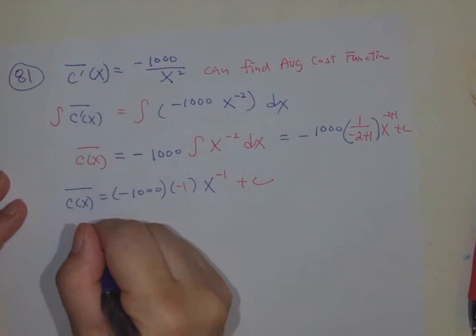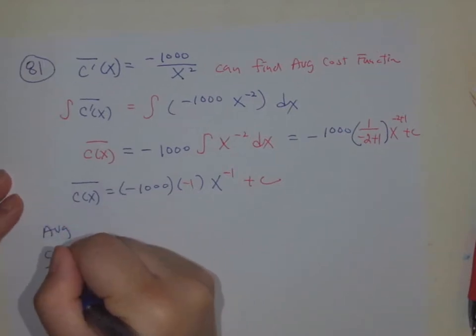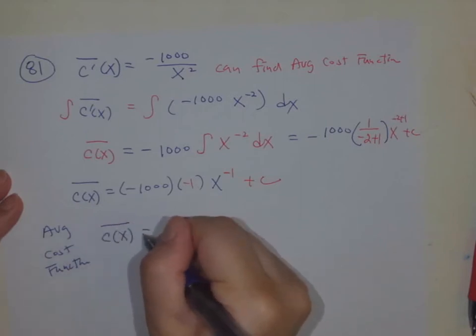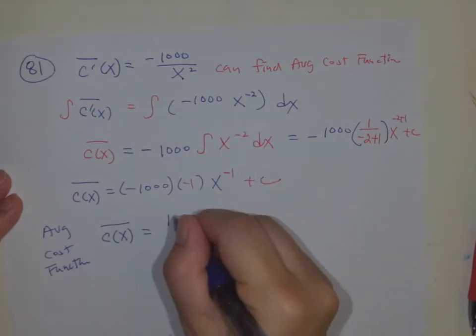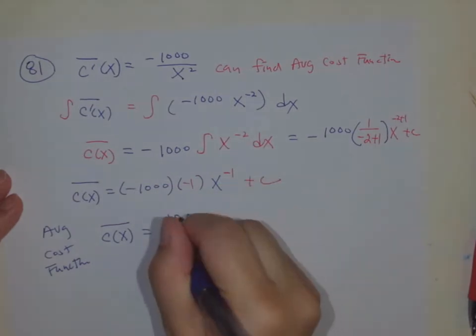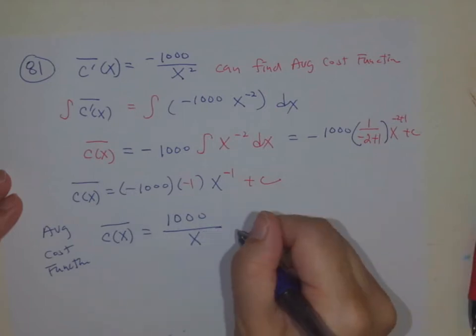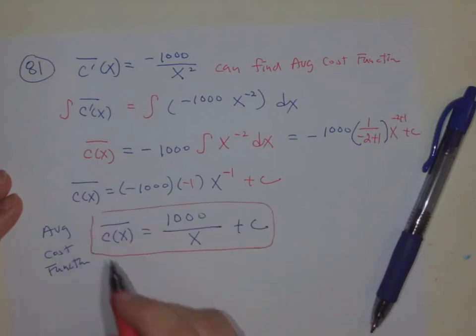So I can conclude that my average cost function is bar C of x equal to, negative times negative will become positive 1000 times x raised to negative 1, which goes to the bottom, and then add a c, right? So I got one of the answers. This is for the average cost function.